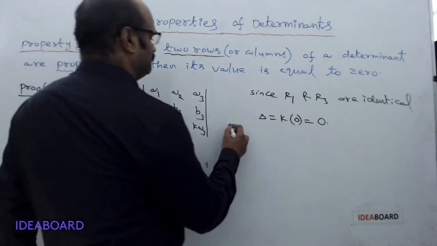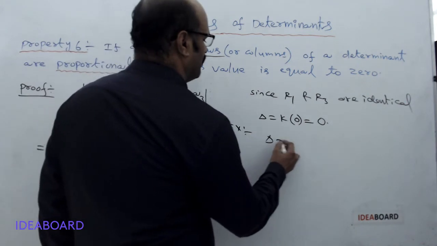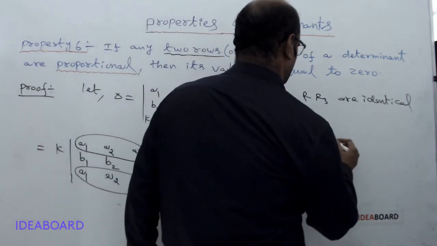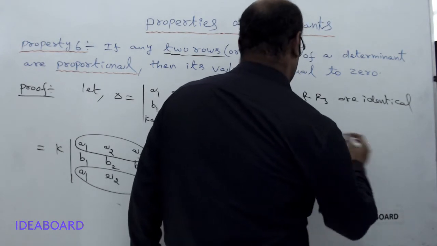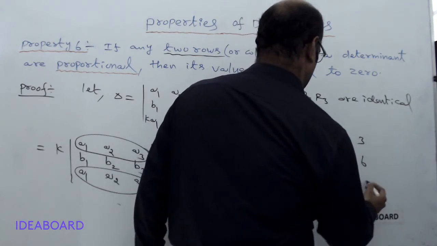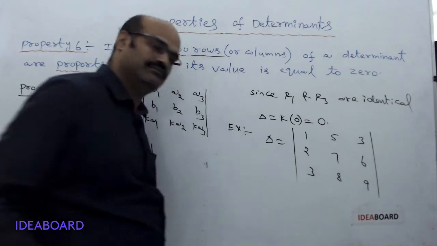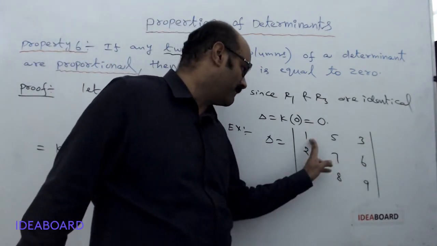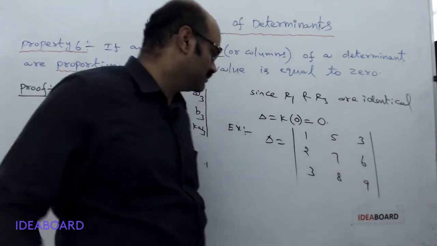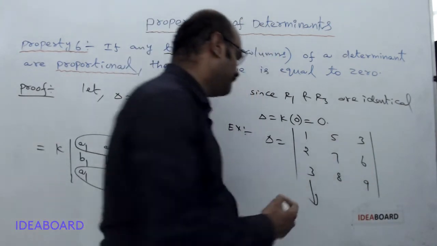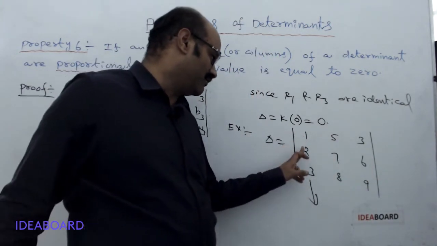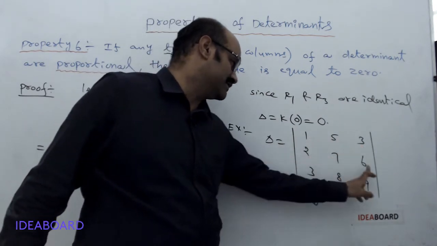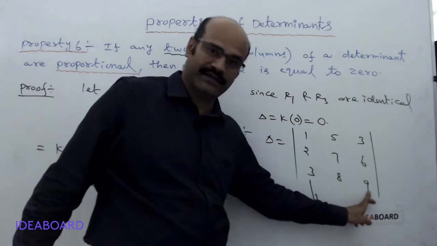For example, we have delta equal to, here C1 and C3 are proportional. Multiply each and every element of C1 by 3. 3 into 1, 3. 3 into 2, 6. 3 into 3, 9.